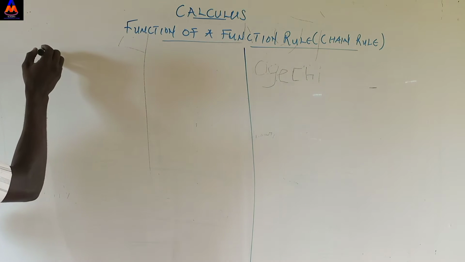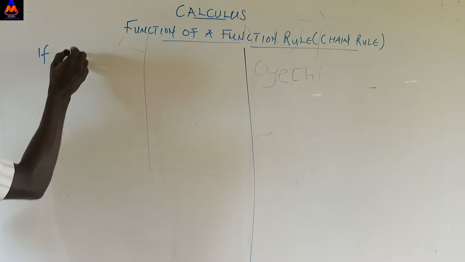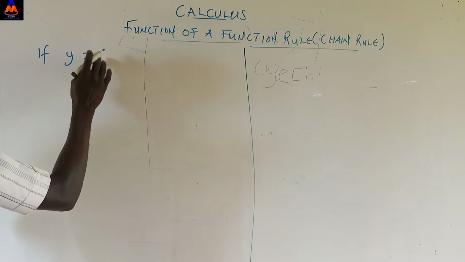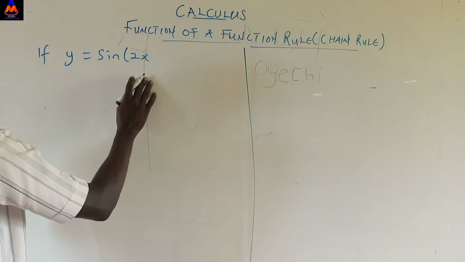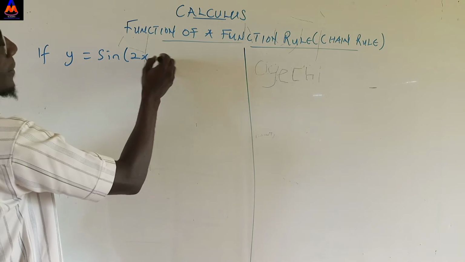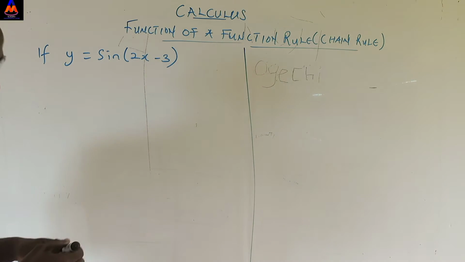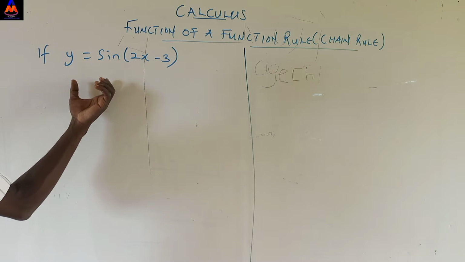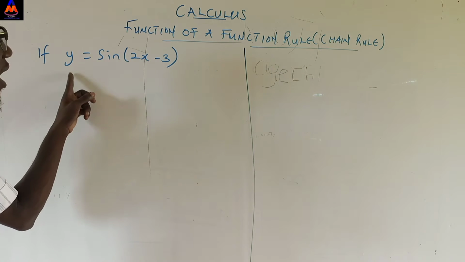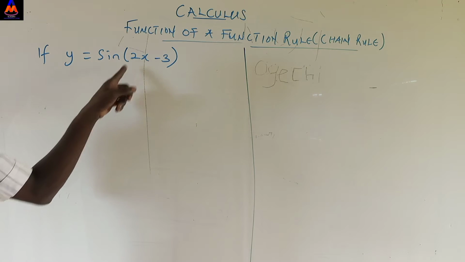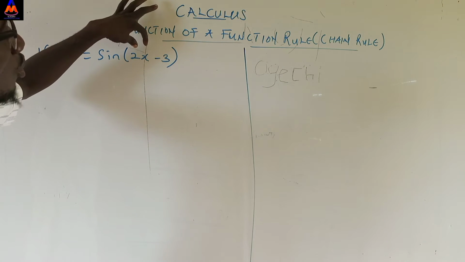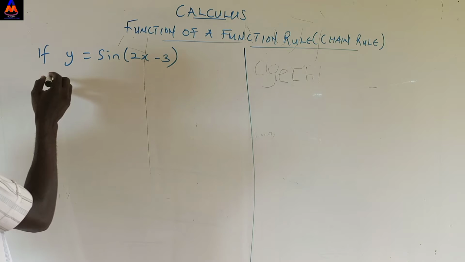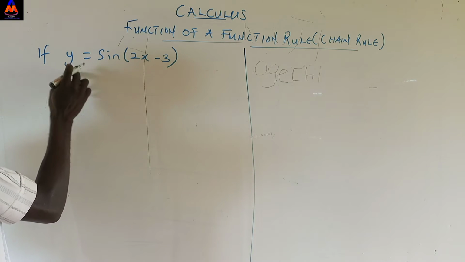Let's say that you are given y equals sin(2x minus 3). In this case, we can see that y is equal to sin(2x minus 3). y is a function of the angle.